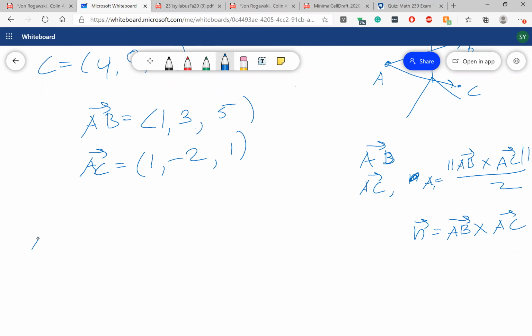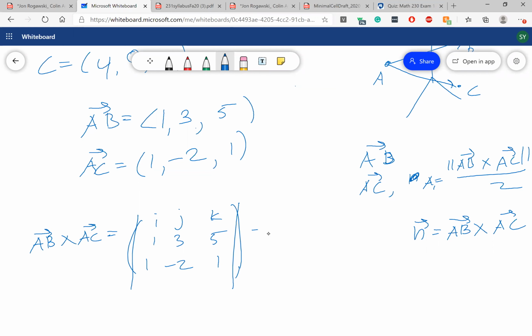So then AB cross AC is going to be equal to the determinant of I, J, K and the vectors 1, 3, 5 and 1, -2, 1.